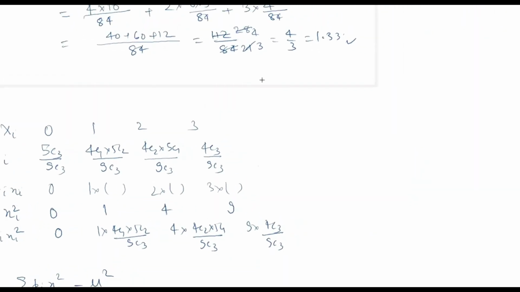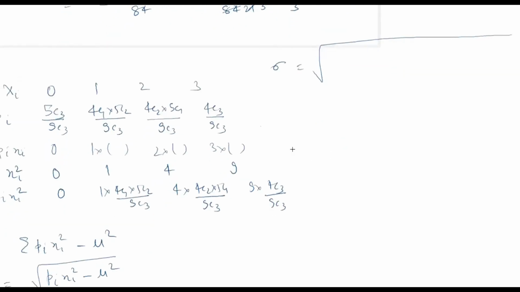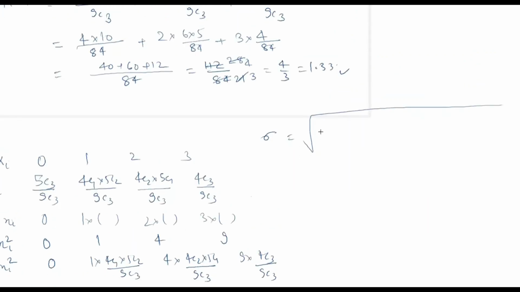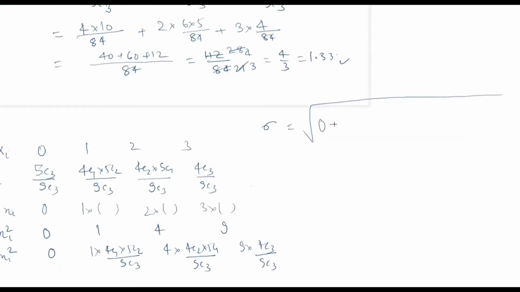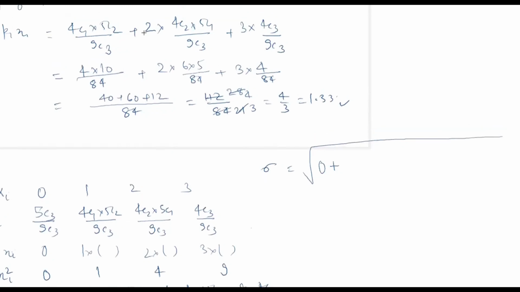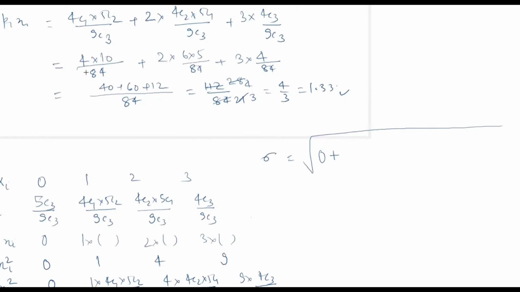Then we will evaluate sigma square side by side. Let's evaluate sigma itself. Sigma would be the square root of sigma pi xi square minus mu square. Now I have to write down all these numbers. This part is 0 plus the 4C1 into 5C2 part I've already evaluated, so I'm just copying that over here because this part is the same.